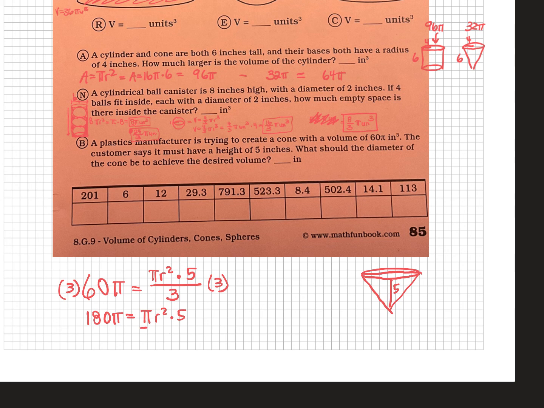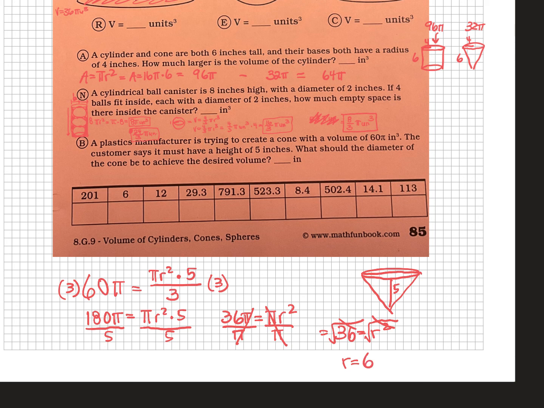I'll divide this side by 5 to get rid of the times 5, and I get pi r squared equals 180 divided by 5, or 36 pi. Okay, I'm going to divide this side by pi to get rid of the pi. And I get 36 equals r squared. I'm going to take the square root of those. I get r equals the square root of 36, or just 6.